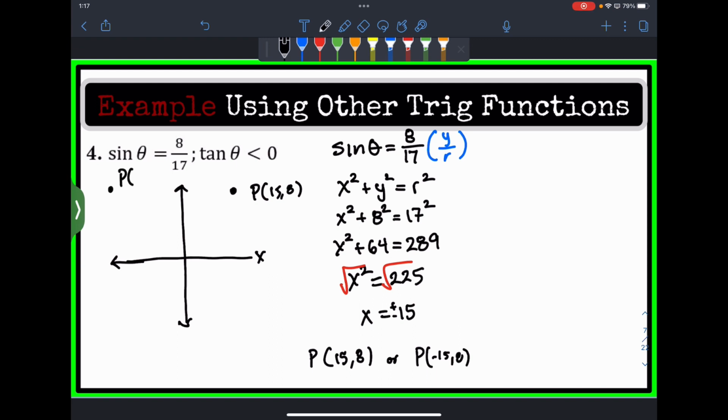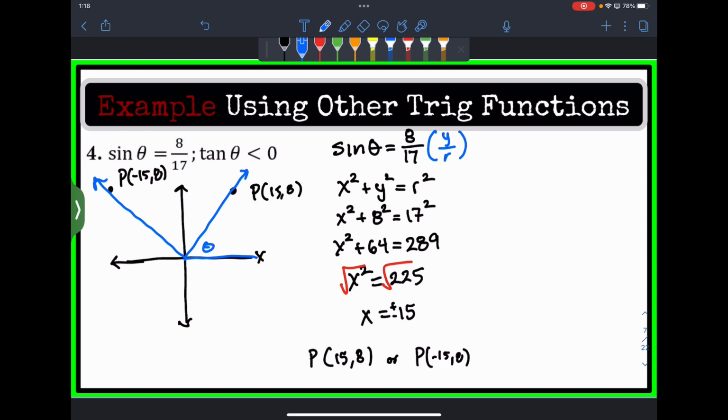We could either be in quadrant 1 or in quadrant 2, because those are the two possibilities where we get a positive sine. Remember, all students take calculus, so sine is positive in quadrant 1 or in quadrant 2. So sine could equal this number in two possible locations, and that's all because the x value can either be negative 15 and a positive 8, or a positive 15 and a positive 8. So we have two possible angles. We have this possible angle, or we have this possible angle. Okay?